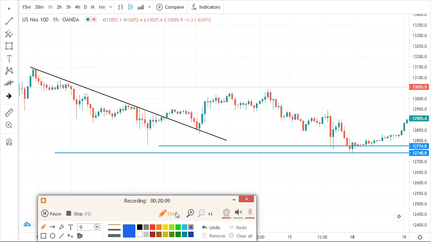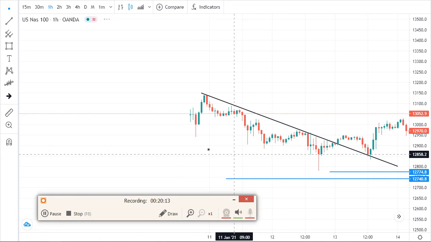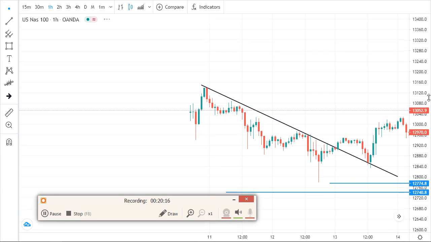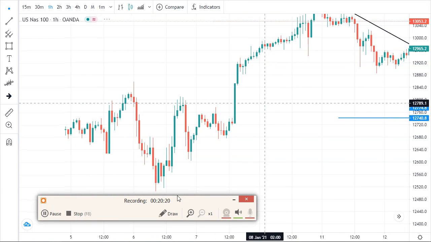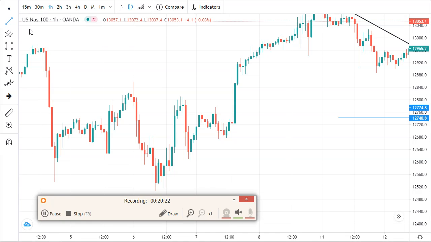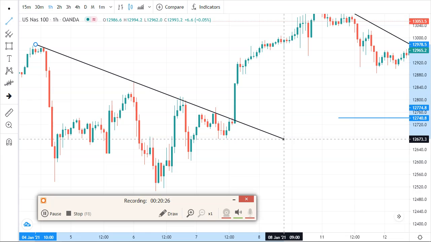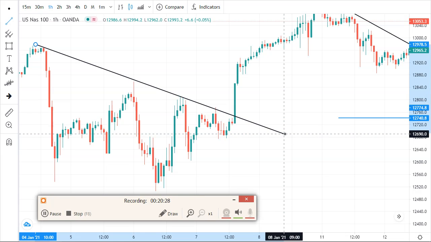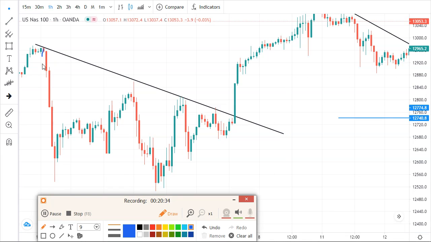Actually, I just wanted to show you the one where the market just breaks with a very long candlestick. Let's see from this point. Yes, you can see that. From this point the market was just doing the same thing.